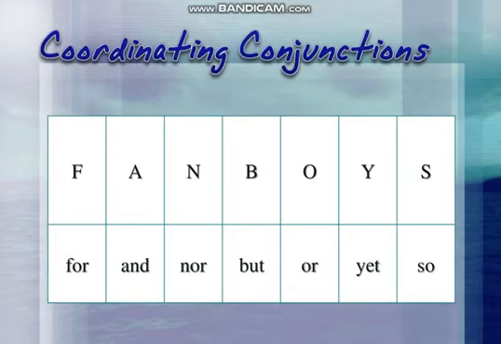That is the formula FANBOYS. You have to remember just this word: fan, F-A-N, boys, B-O-Y-S. So F for, A for and, N for nor, B for but, O for or, Y for yet and S for so. So these are coordinating conjunctions.